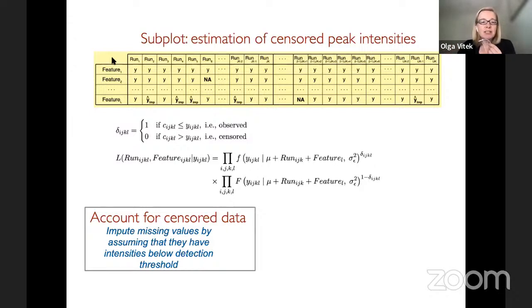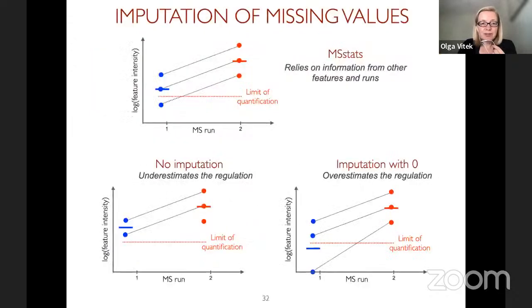And then it allows us to summarize this type of data structure in a very classical statistical way that handles censored data. If you are familiar with this, you can recognize this. If not, all we need to say is that we know that the features are missing for reasons of low abundance.